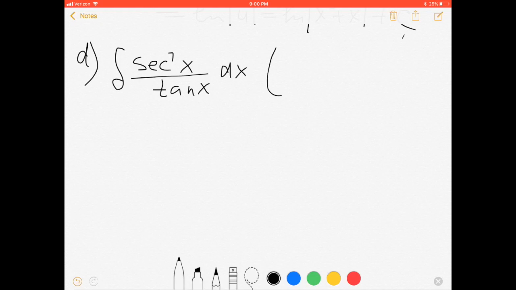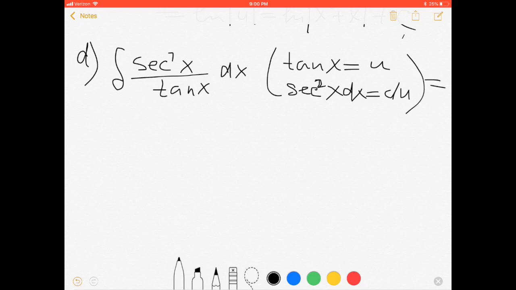If tangent x is u, then the derivative of tangent is secant squared x. We have the differential, which means secant squared x dx is du. It means you have natural log absolute value tangent x plus c. Don't forget about this coefficient.